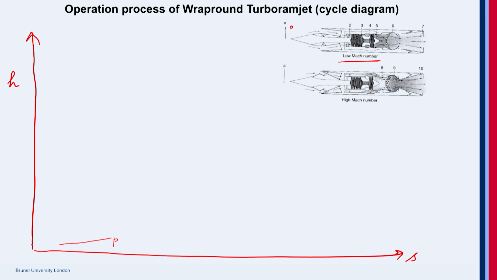Let's say the pressure P0, and then it goes all the way to the inlet exit 2, followed by 3. 2 to 3 is the compressor. And then 3 to 4 is the combustor, and 4 to 5 is expansion in the nozzle.